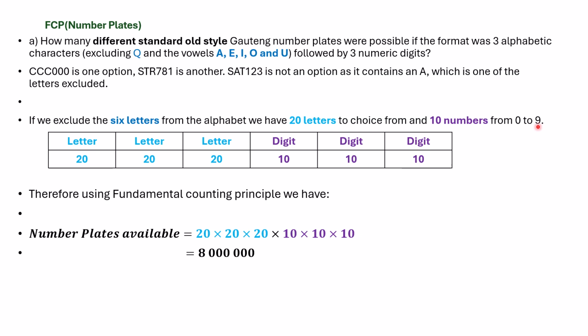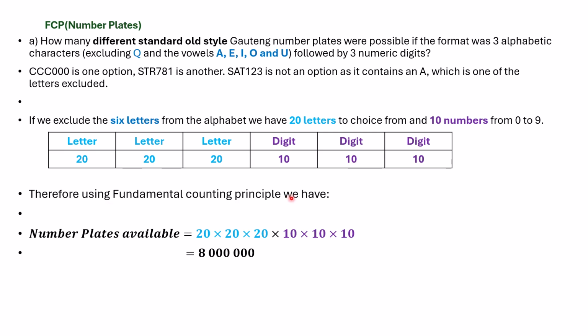If you count from 0 to 9, you'll get 10. So 3 letters, and then 3 digits I'm choosing. For my letters, I have 20, then 20 again, then 20 again. For my digits, I have 10 times 10 times 10.